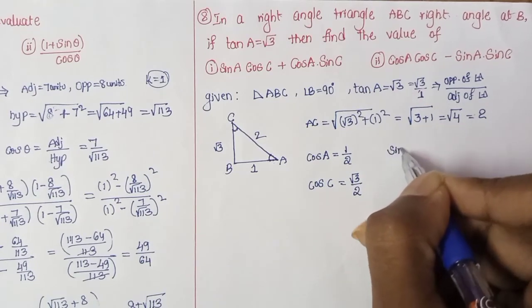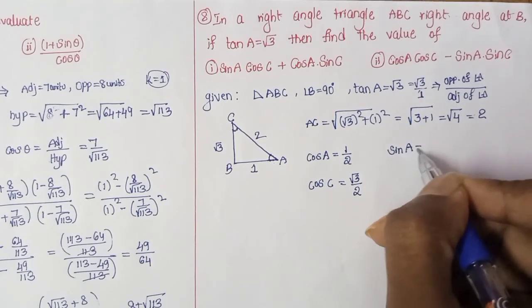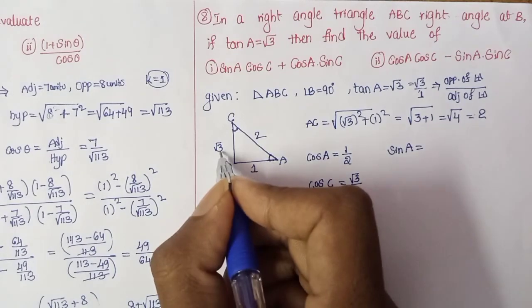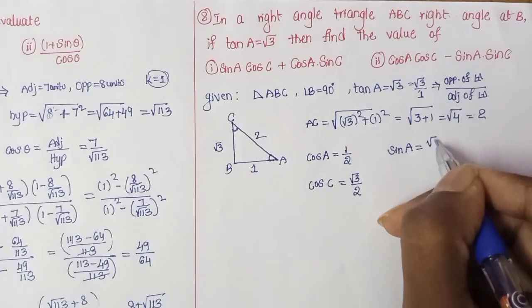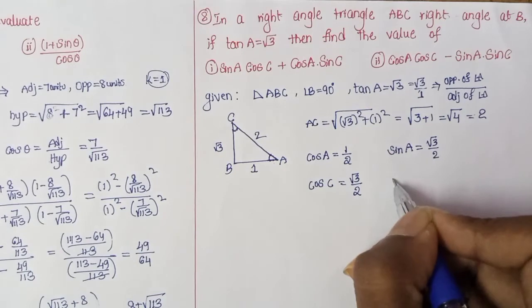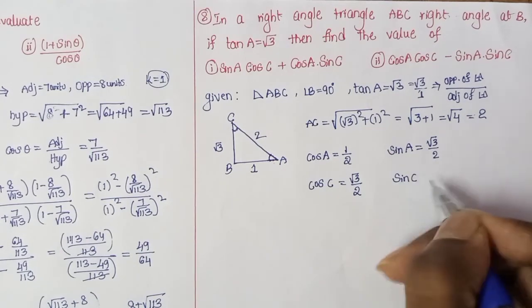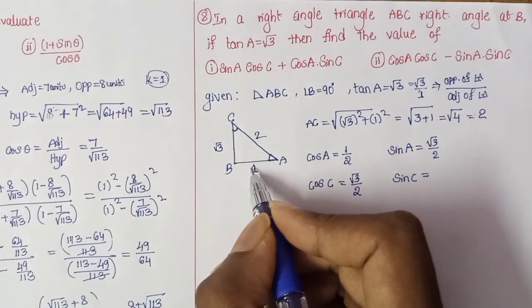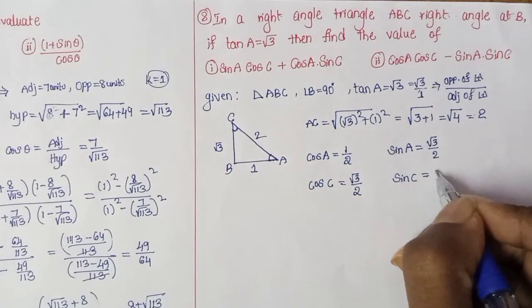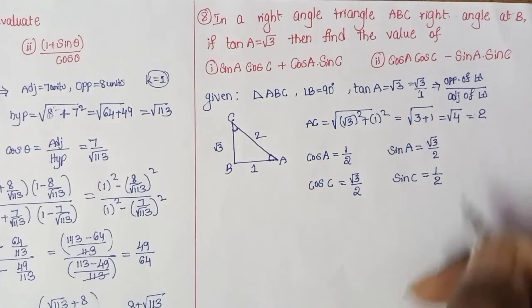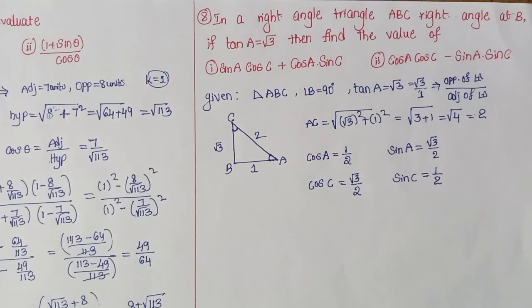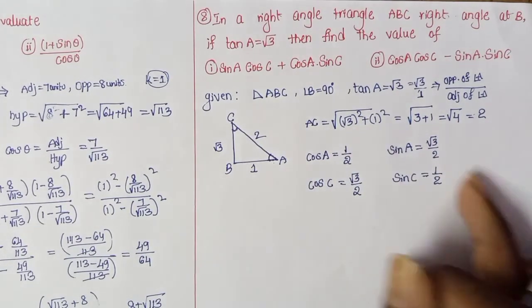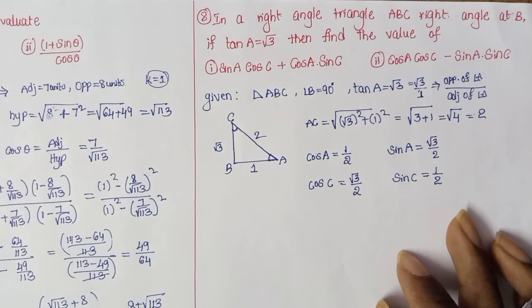Now sin A is opposite side by hypotenuse, so root 3 by 2. Sin C is the opposite side by hypotenuse, so it is equal to 1 by 2. I think you have understood. This is the concept I explained in the first video.